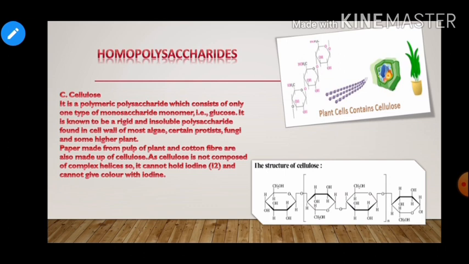Several molecules of glucose polymer are held together by hydrogen bonds to form cellulose microfibrils, which are arranged in larger bundles known as macrofibrils. It is clearly shown in the picture. So cellulose is a homopolysaccharide.